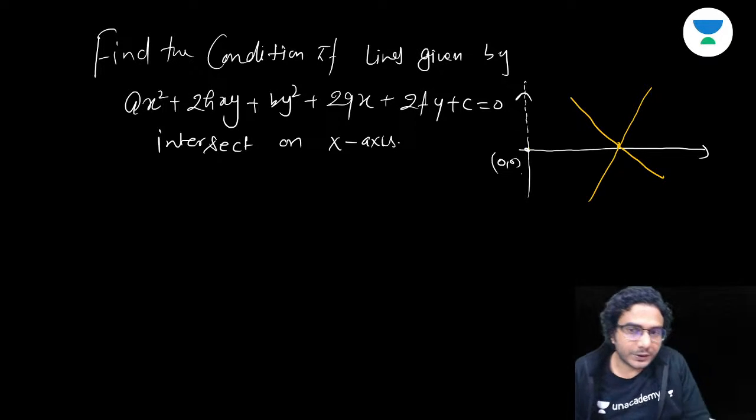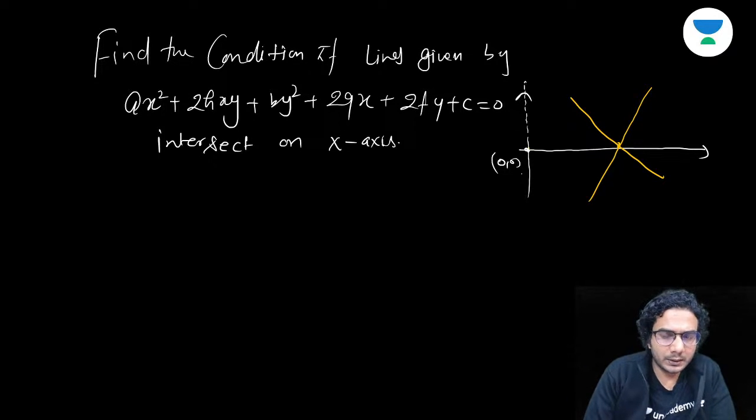This is the last question. We need to find the condition, the kind of condition we just derived.